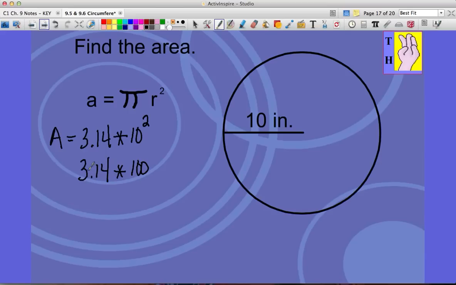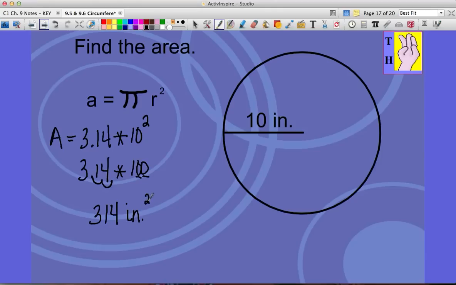And when I take a number times a power of 10, I can move the decimal as many places as I have zeros. I have 2 zeros, so I can move my decimal 2 places to the right. So the area of the circle is 314 inches squared.